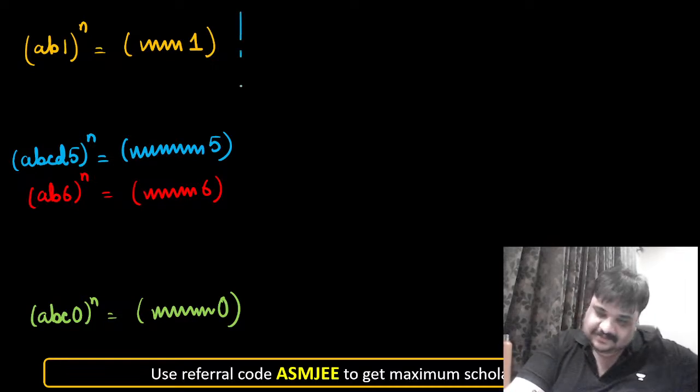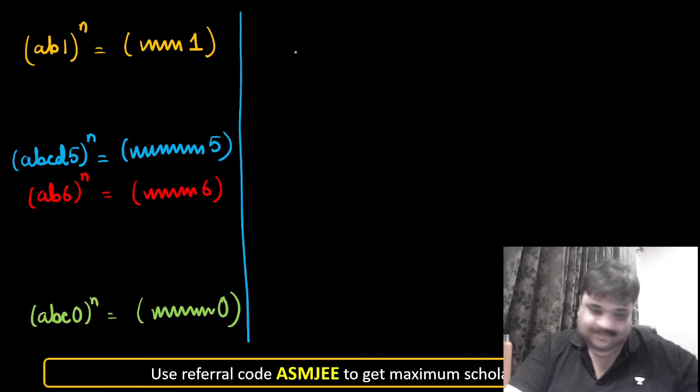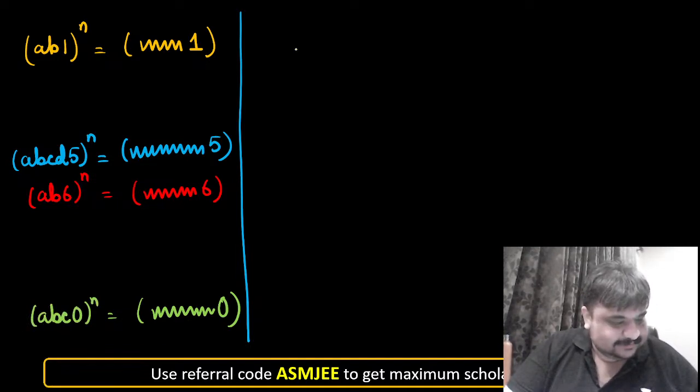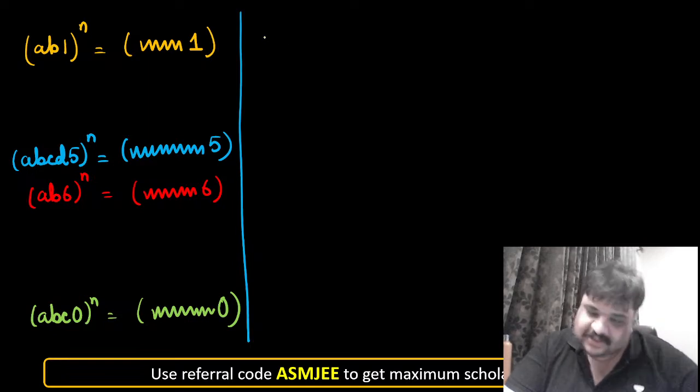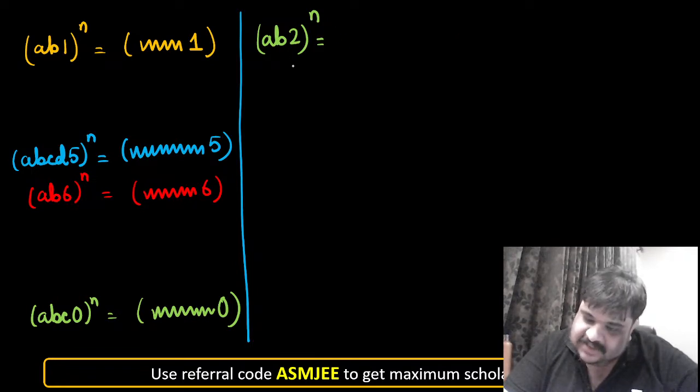Now look at the other ones. Suppose you have AB, but the last digit is 2. So it follows a cycle. If n is 1, it will depend on the last digit only.